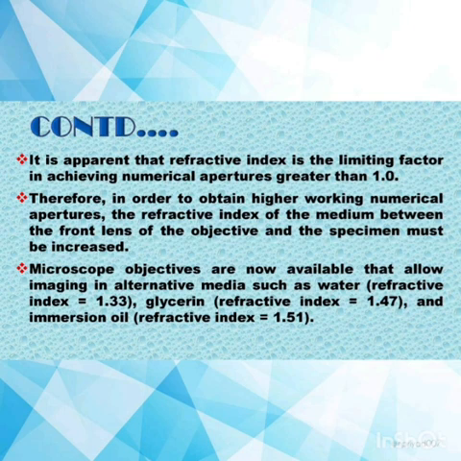Microscope objectives are now available that allow imaging in alternative media such as water, whose refractive index is 1.33, glycerin, whose refractive index is 1.47, and immersion oil, whose refractive index is 1.51. So, by using these media instead of air, we can increase the overall refractive index as well as the numerical aperture.